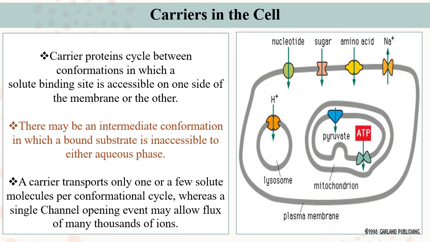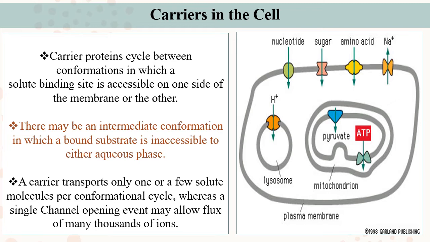One is for carrying nucleotide, another is for carrying sugar, the third is for amino acid, and the fourth is for transporting sodium ions. In the same way, in the lysosome there is another carrier, and in the mitochondria, which is double layered, there are separate carriers for carrying pyruvate and ATP.